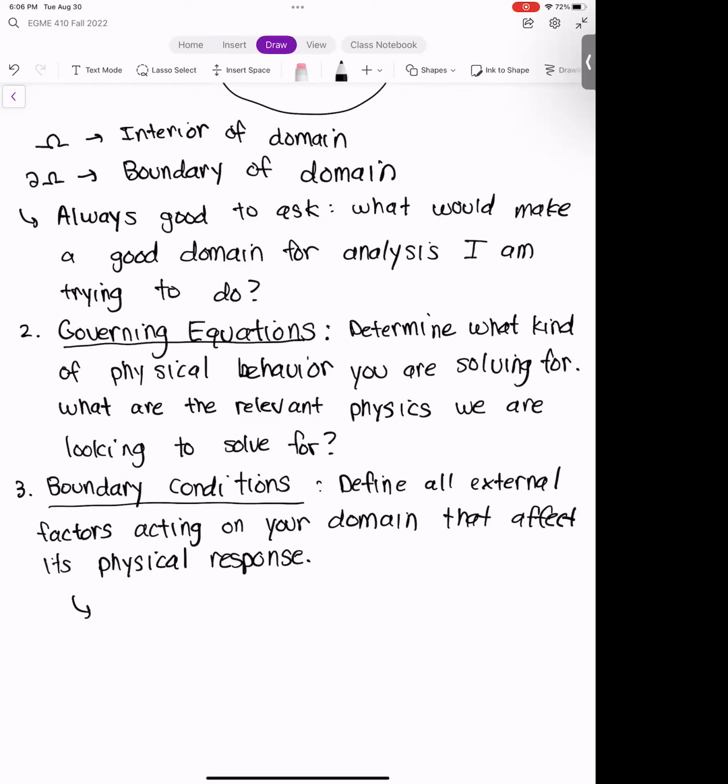And so most commonly, your boundary conditions, at least for structures, are going to take the form of all of your loads and constraints.